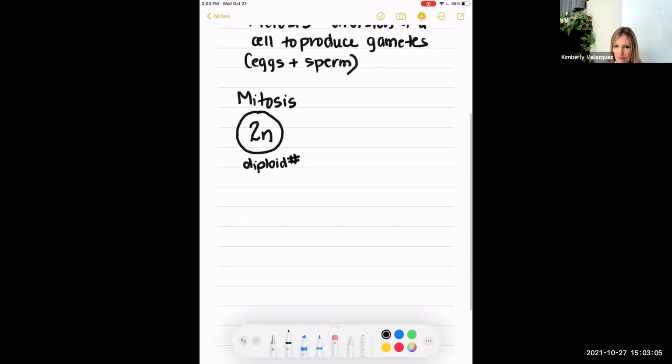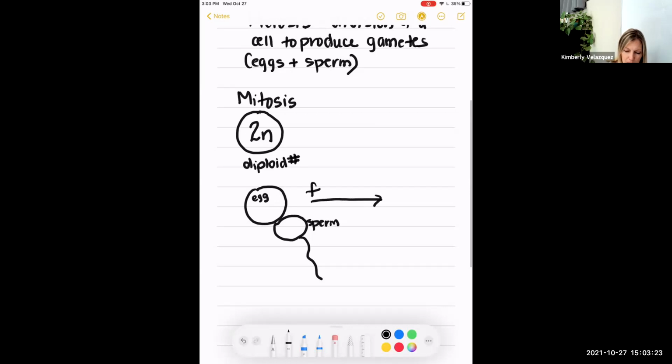Just to step back in your memory for a second, all sexually reproductive organisms start from an egg and a sperm, and fertilization occurs. And that produces that very first cell called a zygote.